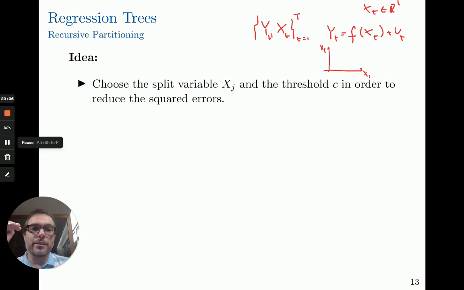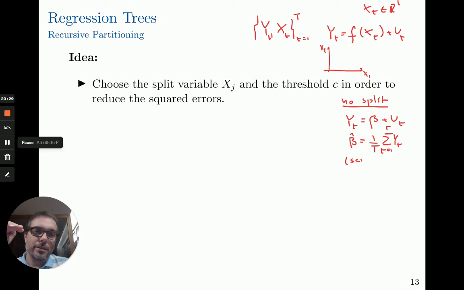With no split, the model is yt equals beta plus ut. So the estimator will be just 1 over T, sum t equals 1 to T, yt. So it's just the sample average.